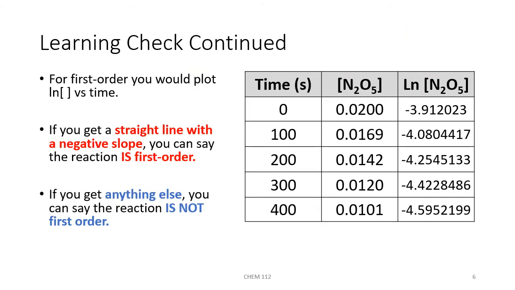Once you take the natural log of all of those concentrations, you're going to notice that you get negative numbers for them. So we're going to plot on our x-axis time and on our y-axis natural log of concentration. If we get a straight line with a negative slope, we can say that the reaction is first order. If we get anything else, we can say that the reaction is not first order.